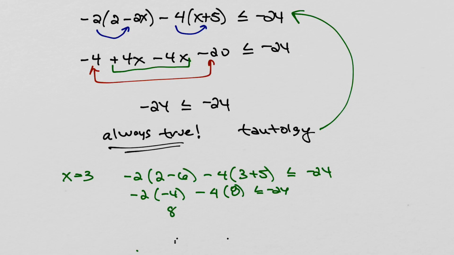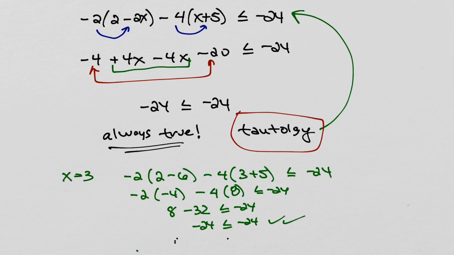So I get 8 minus 32 is less than or equal to negative 24, or negative 24 is less than or equal to negative 24. So, yep, that's certainly true. Whenever you hit a situation like this, that's always true. Again, that's called a tautology, and that means it works for all real numbers.